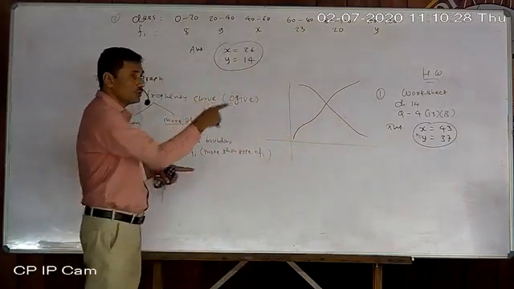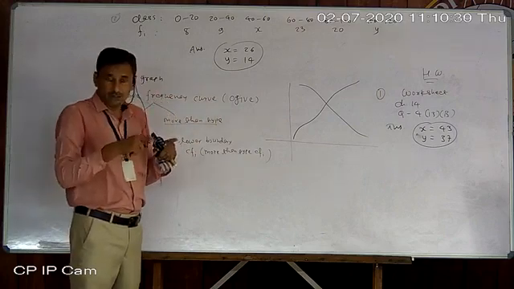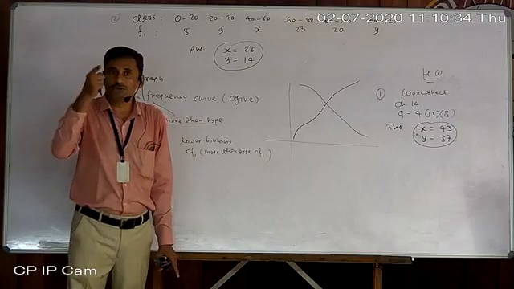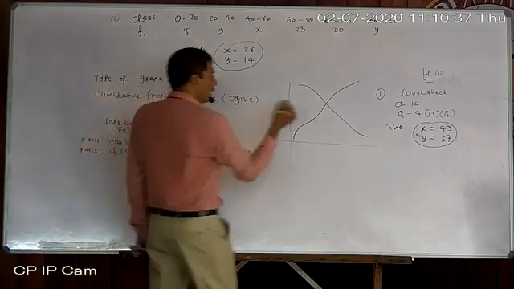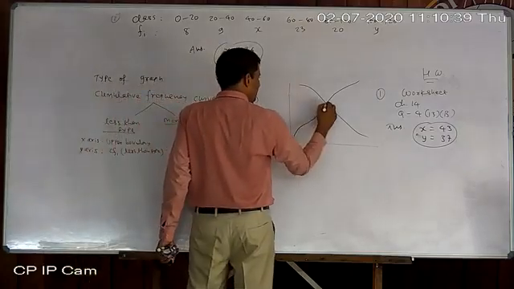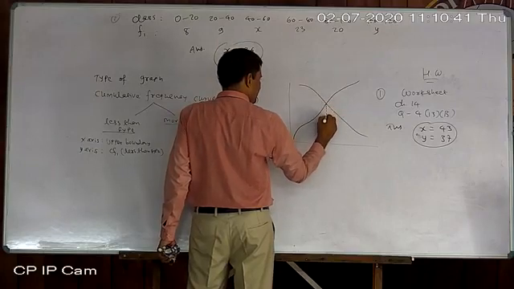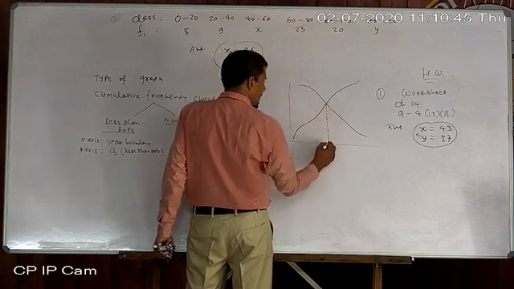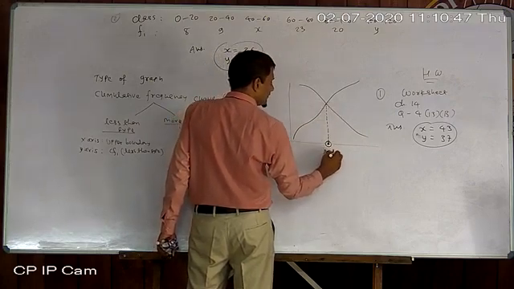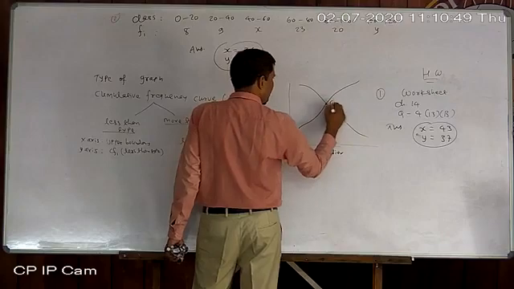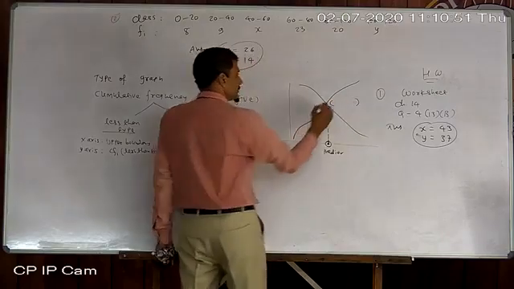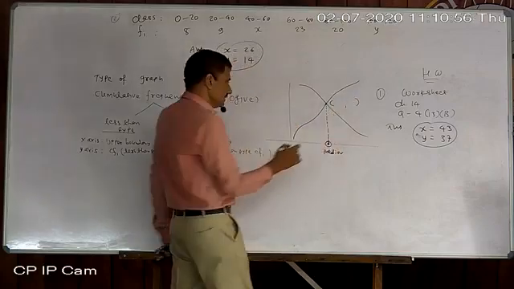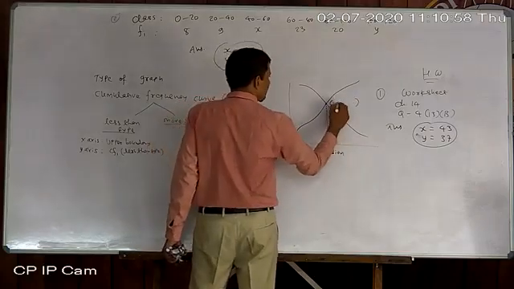They are curves, not lines, not polygons, so they are joined freehand, with no use of a scale. How do you find the median graphically? You just find the x coordinate of the intersection point. That point is nothing but our median. You will be given both coordinates, and you just locate which one is the median. The median is nothing but the x coordinate.